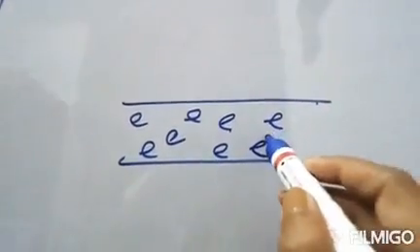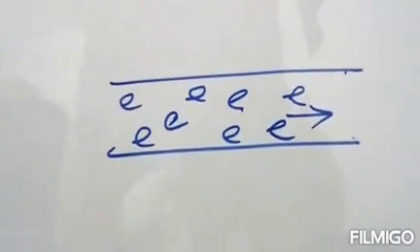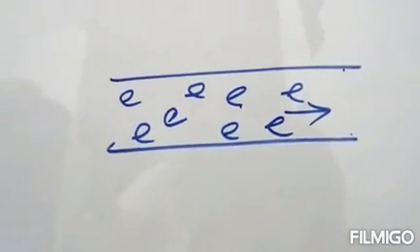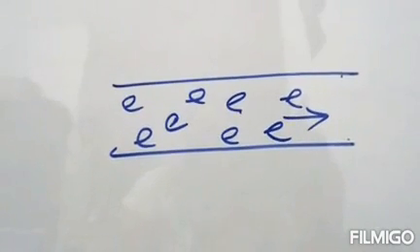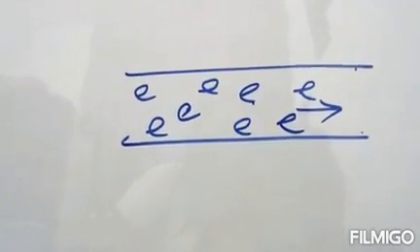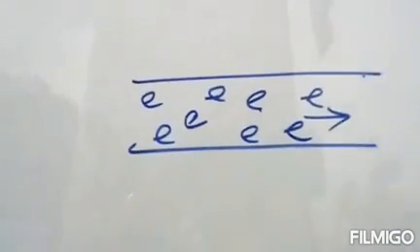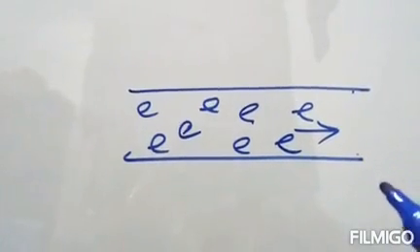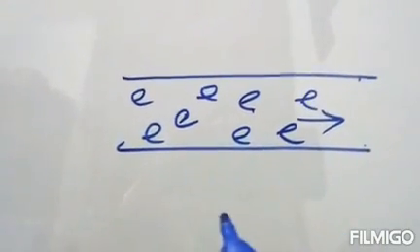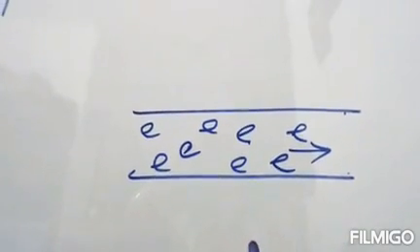What happens when electrons move in a wire? They get obstructions. It is like moving on a crowded road: so many people come in front and we get obstructions, and our speed slows down, right? Resistance is just that thing.